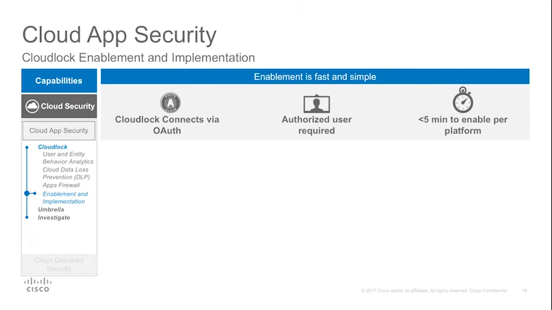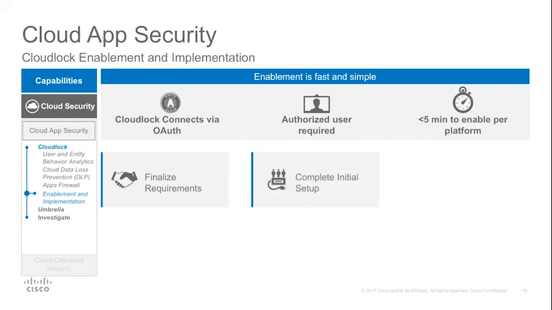Onboarding a customer with CloudLock is fast and simple. Initial implementation consists of 6 steps. First, a customer must determine critical controls and finalize requirements, which involves setting up data loss prevention policies, promoting end-user awareness, identifying compromised accounts, and discovering and controlling third-party apps.